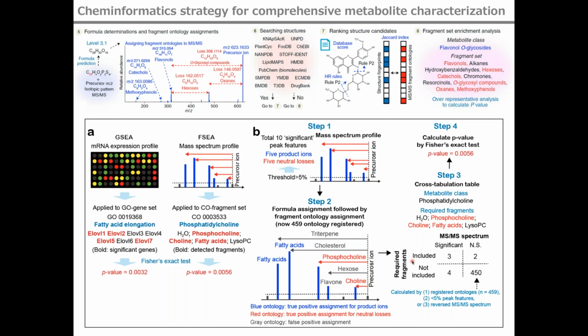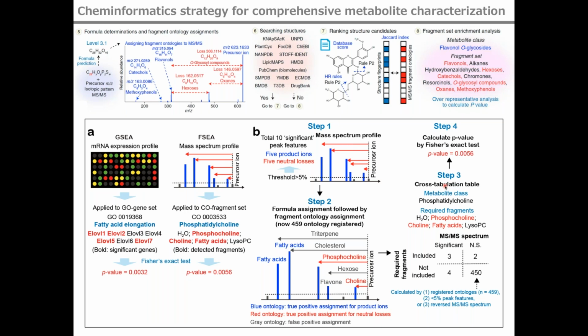So the 2 by 2 cross table becomes like this. Moreover, 4 ontologies assigned in this MS/MS spectrum were not registered in the phosphatidylcholine dictionary, and the count is inserted into the bottom left panel of the 2 by 2 cross table.